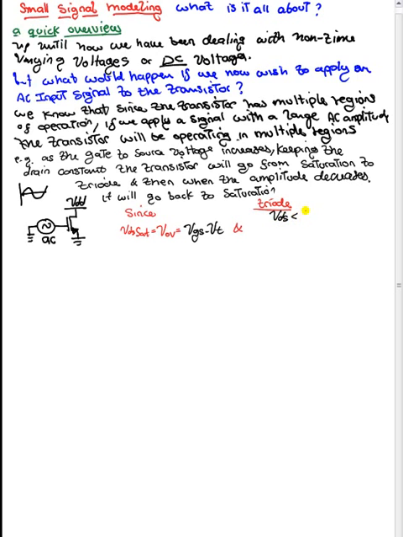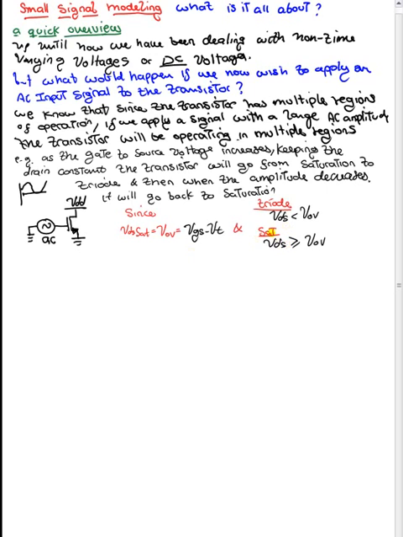And conditions for saturation were that VDS is greater than or equal to VOV, right? So you can see that VOV will be increasing, because VGS is increasing, therefore VOV is increasing, leaving the device in triode region. And once it comes back down, then VDS starts to become greater than VOV again, and so the device goes back into saturation.